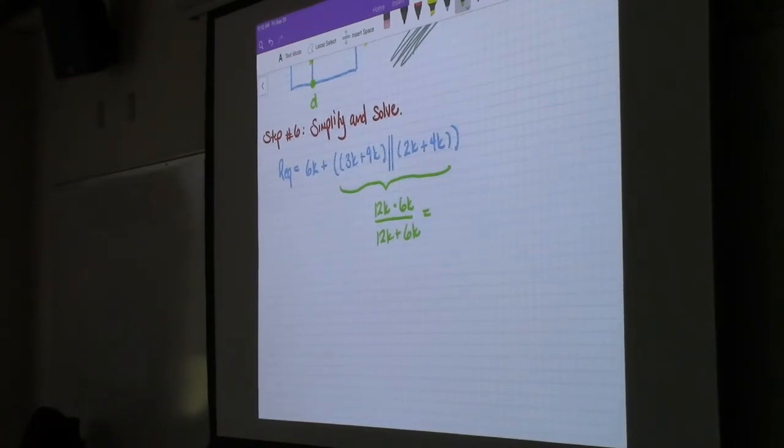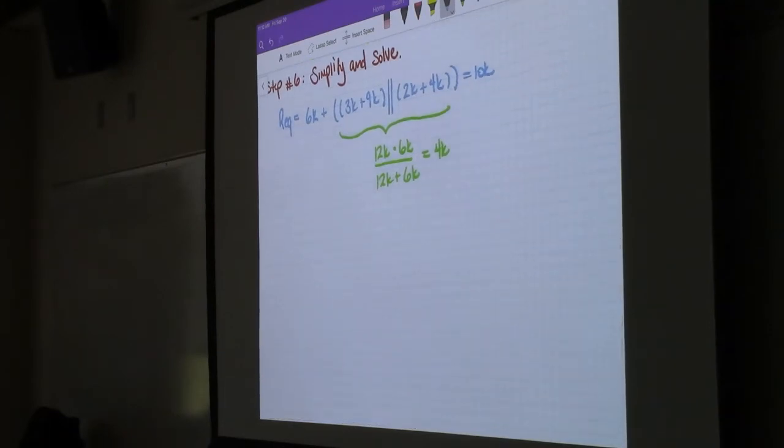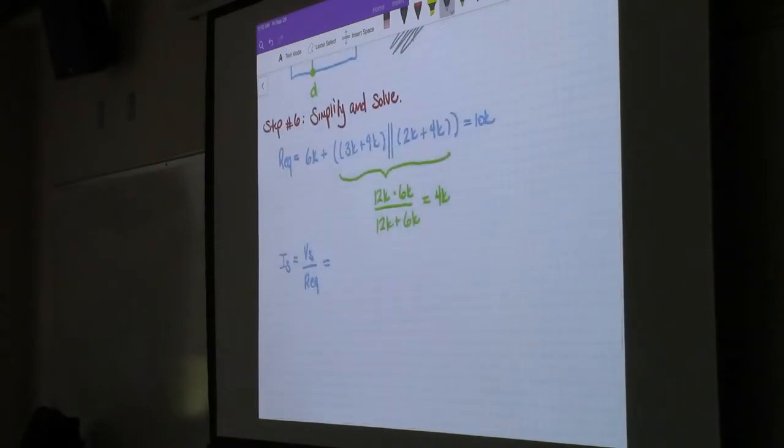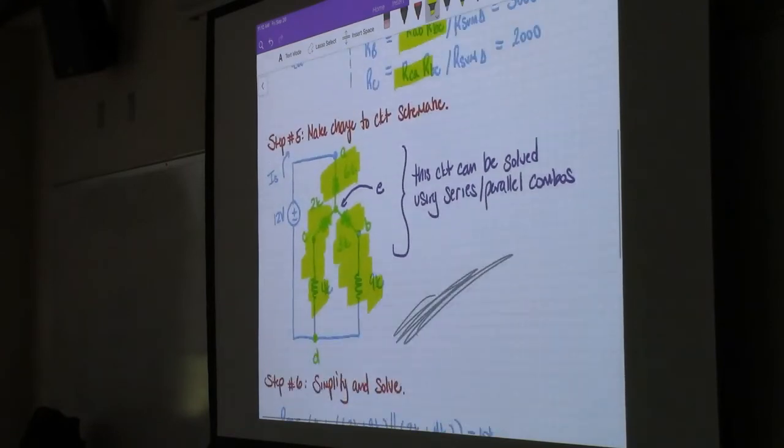I can't do these things. Okay, so 4K plus 6K gives us 10K. Lastly, we can calculate our IS value. IS will be equal to VS divided by R equivalent, which is 12 volts divided by 10 kilo ohms, giving us 1.2 milliamps. And so that's our final answer.